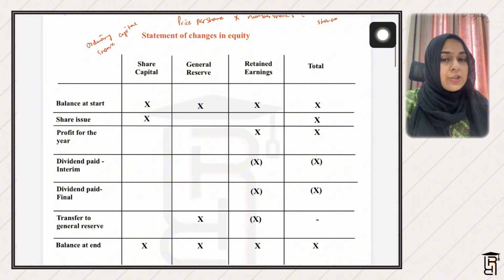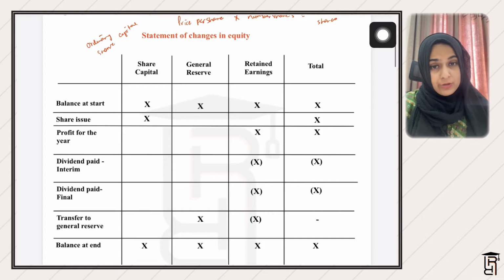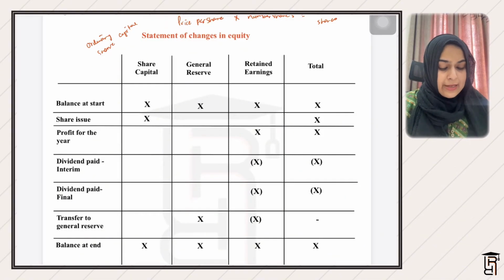If there's a share issue in the question, you need to record that in the share capital section, because a share issue will increase your share capital. Profit for the year will be put into retained earnings, because that is where you accumulate all profits. There is an interim dividend, which is mostly a half-year, mid-year dividend.